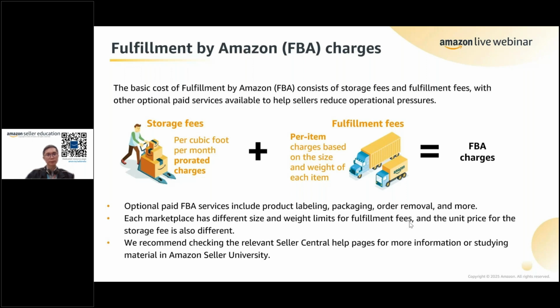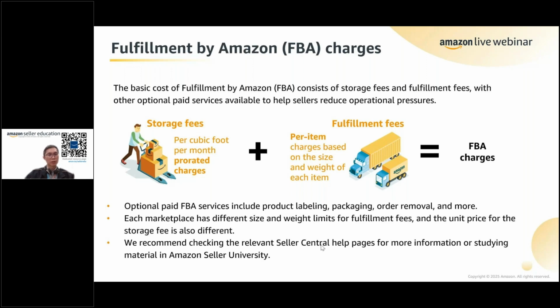Now, of course, there are other optional fees that may include labeling, packaging, even order removal, etc. Also do note that each market, or rather each store, has a different size and weight limit for the fulfillment fee, like Amazon US, Amazon Japan, or Amazon EU.